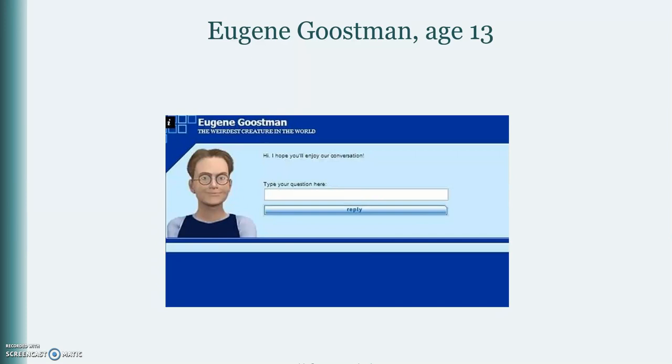And they had a lot of scientists take this test, basically. And at the end, they would ask them whether they thought Eugene was a human or whether Eugene was a computer. Eugene managed to convince 33% of the judges that he was a human. So this was a huge step in artificial intelligence. Okay.